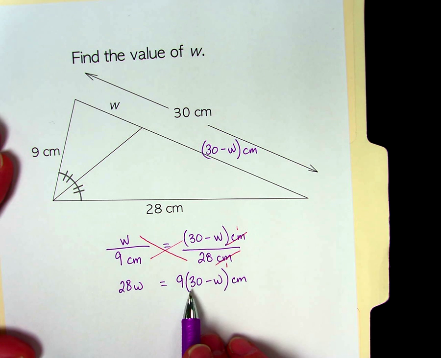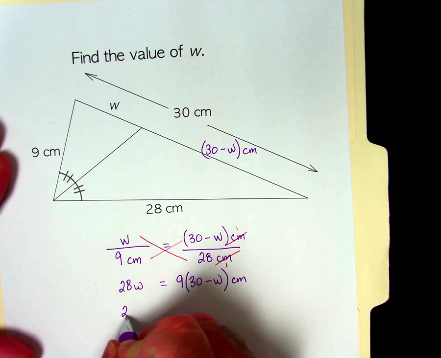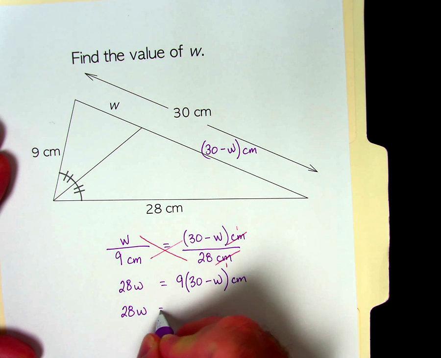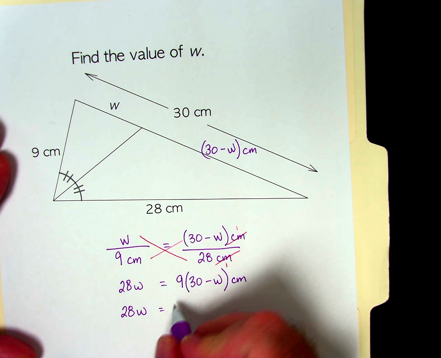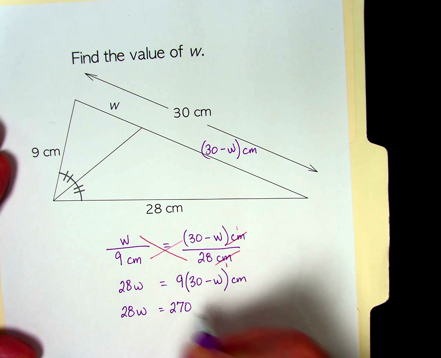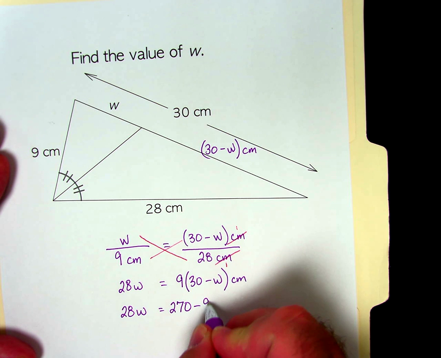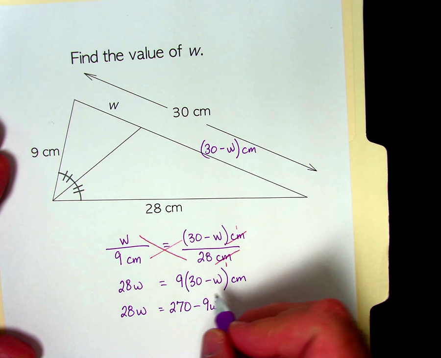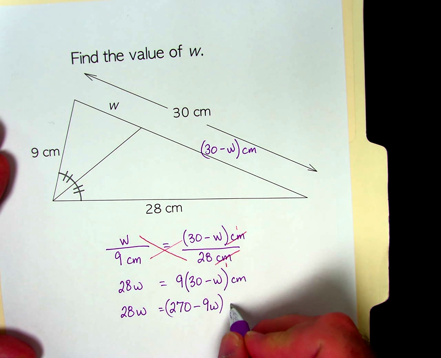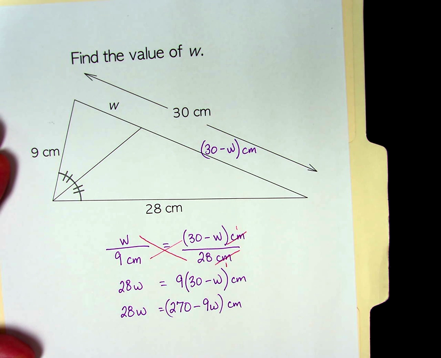So now we'd want to distribute. So we'd have 28W equals 9 times 30 is 270. 9 times a minus W is a minus 9W. And we know this is in centimeters. So now I could add 9W to both sides.